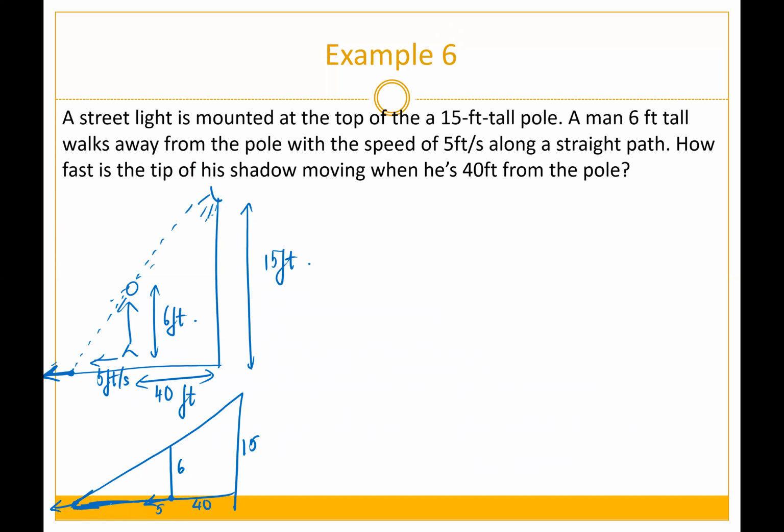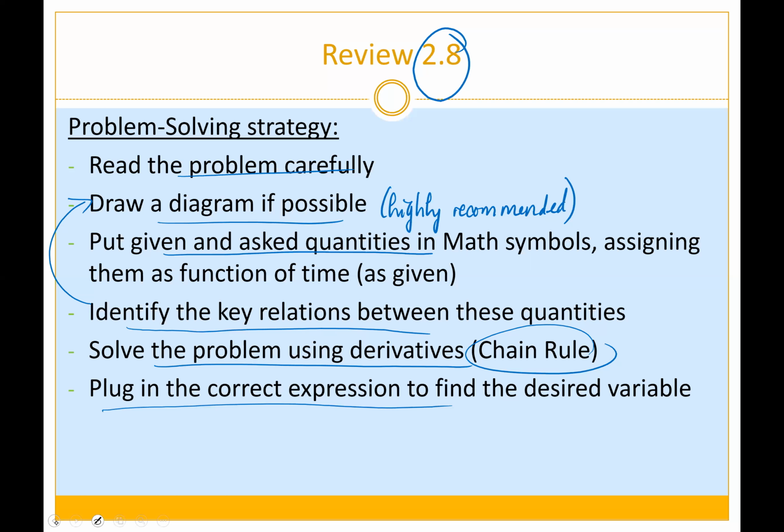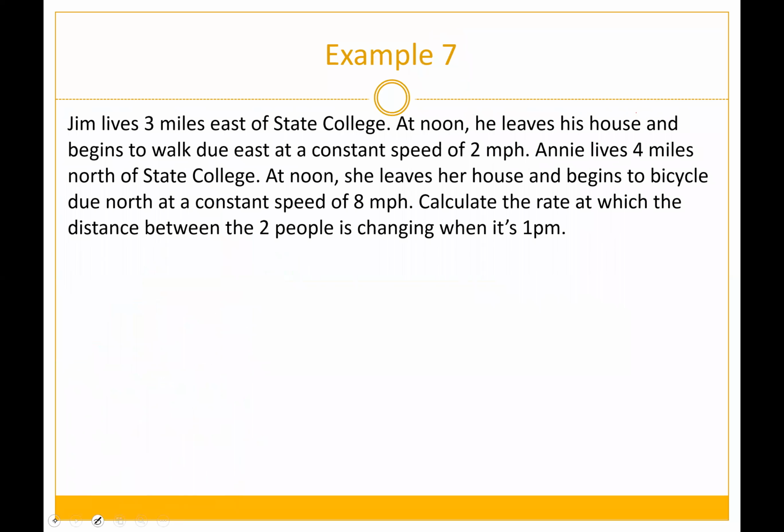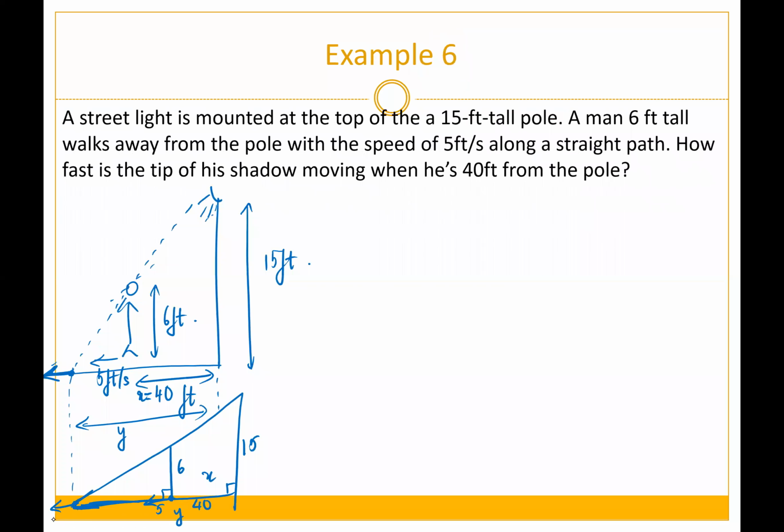So if we call this X and the entire part Y, then this is the entire part. This is Y and this is X. Therefore, sorry for the flipping of it, it's kind of giving us the similar triangle.